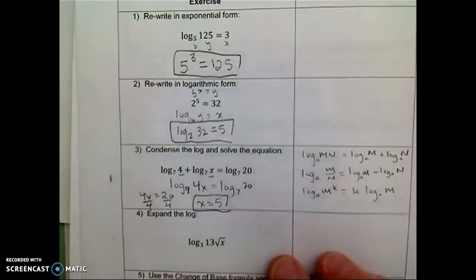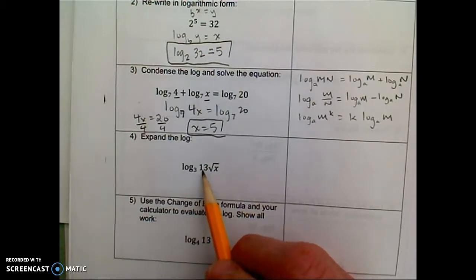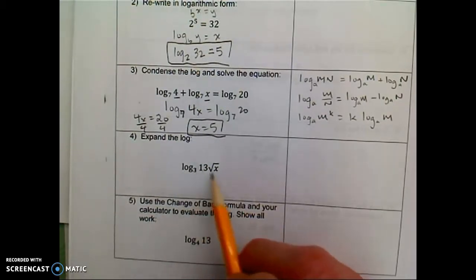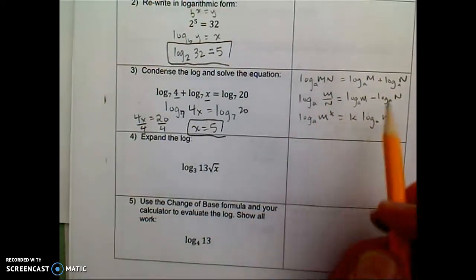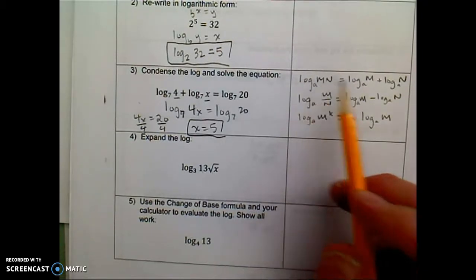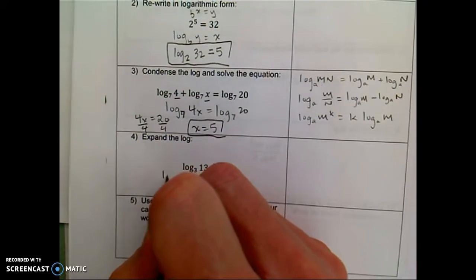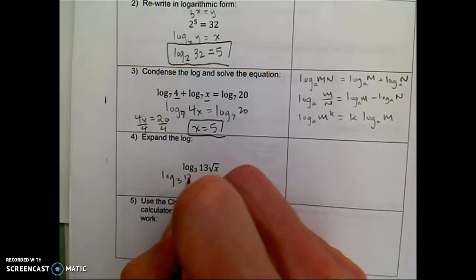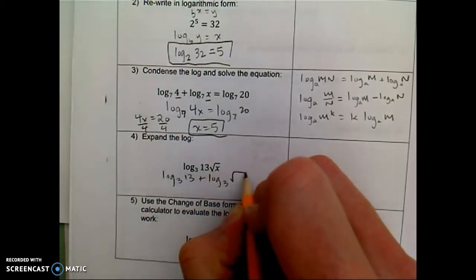Okay, so conversely, now I'm given a log that I can expand. 13 times the square root of x, this is a product. So I look back at my set of log rules here, and I know that when I have something that's written as a product, I can write that as the sum of 2 logs. So log base 3 of 13 plus the log base 3 of the square root of x.